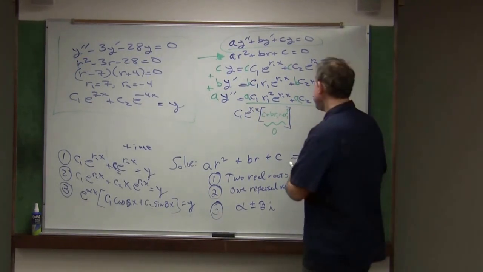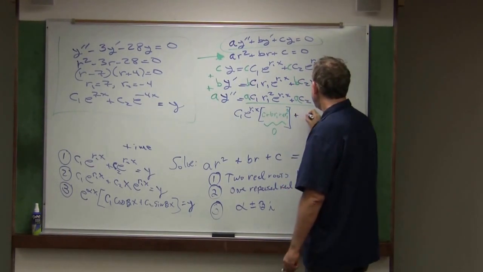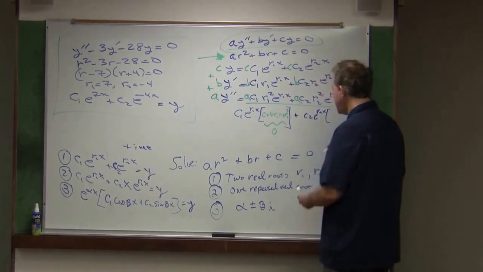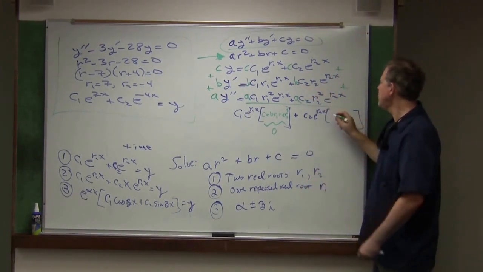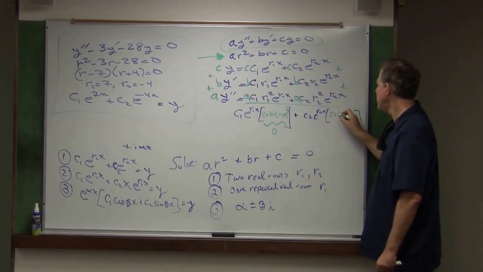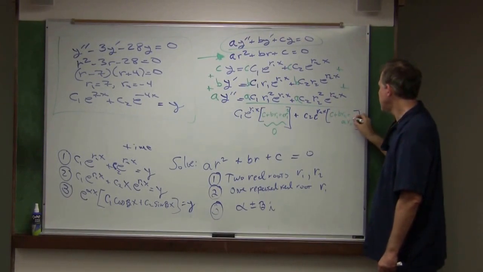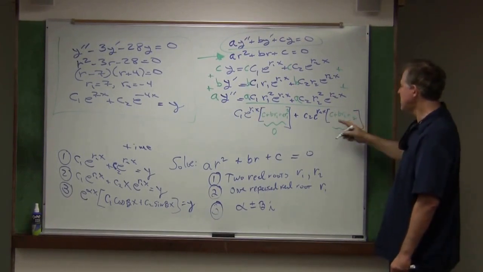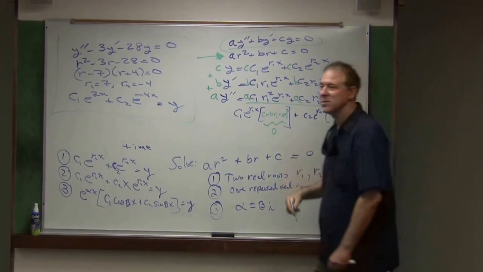And now if I add this up, we similarly factor out the c2 e to the r2 x, and now I've got, and I'll put it in green, c plus b r2 plus a r2 squared. But r2 is a solution to this equation, so this is 0, so it wipes out and it works.